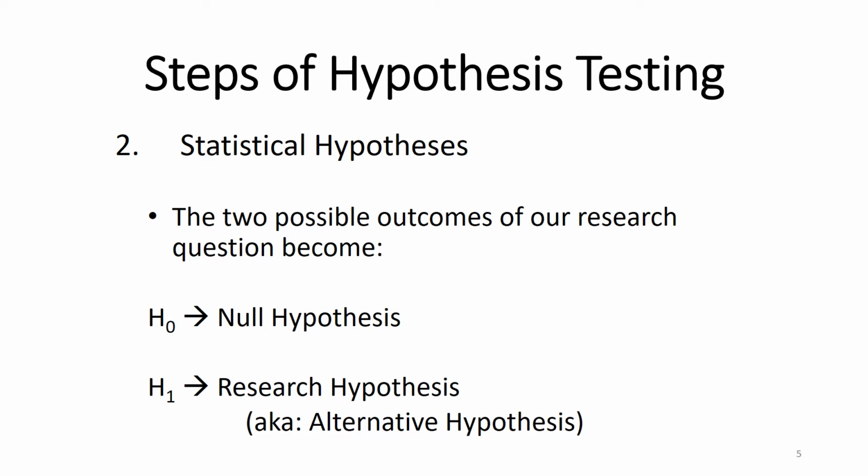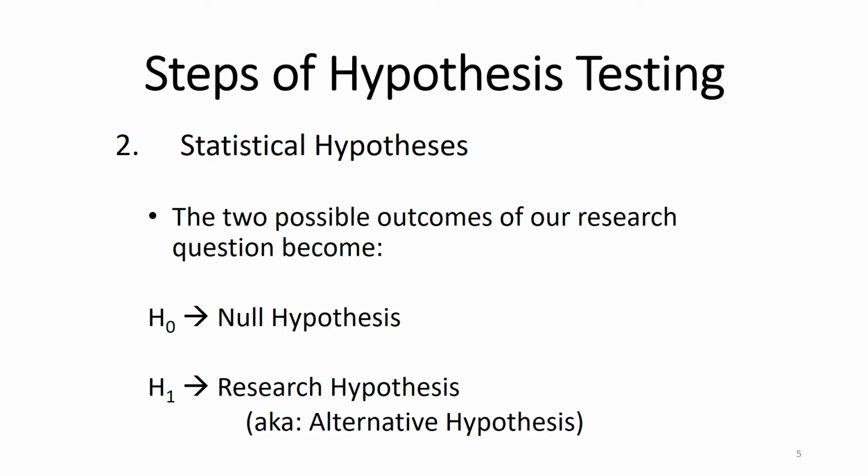So we have to set up these two competing statistical hypotheses, the null and the research hypothesis, in a way where they are, one, mutually exclusive. What that means is that they can never be overlapping. They can never have any overlap. Either your answer comes out to be the null or it comes out to be the research hypothesis. You can never have the best of both worlds in this case. And two, they have to be exhaustive.